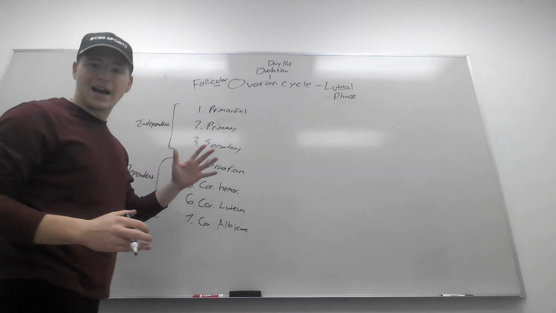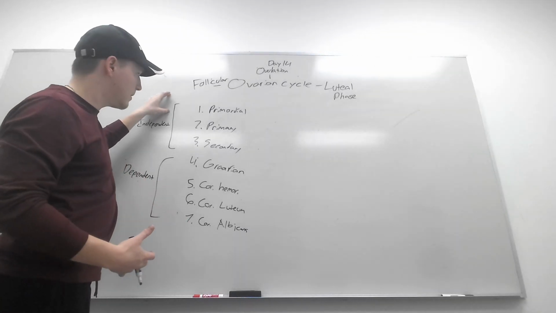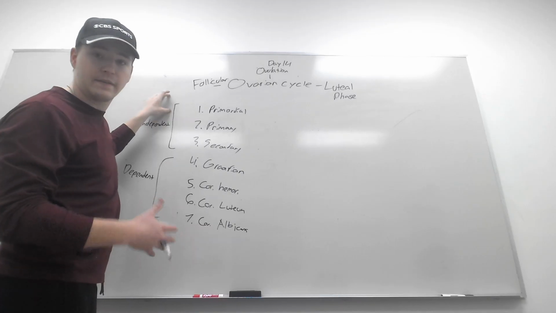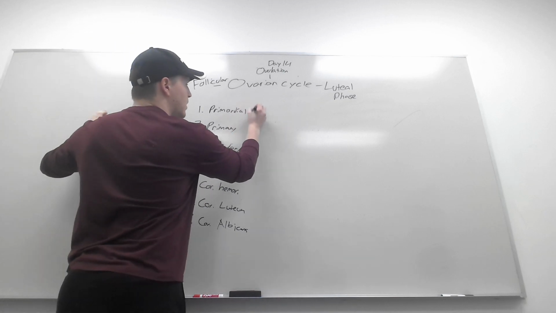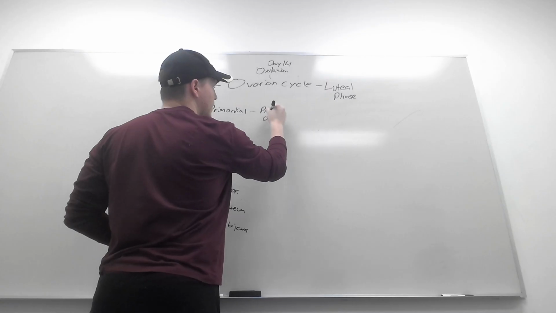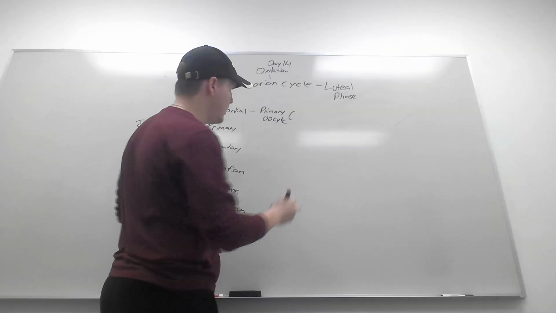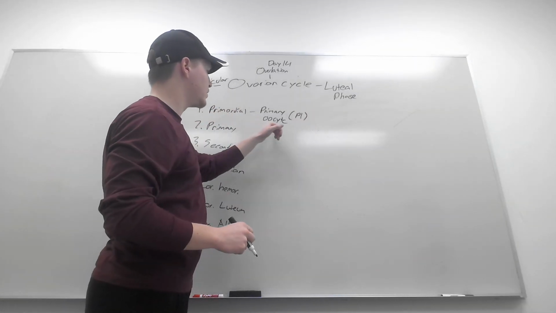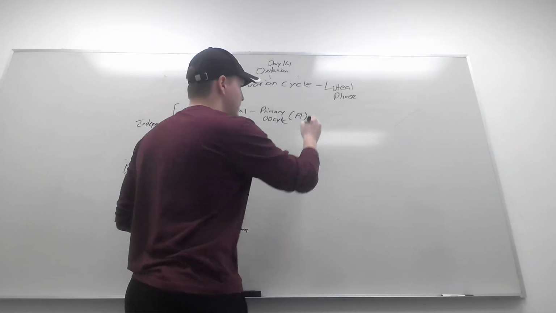But starting at the top, when a female is in the womb, when they're about to be born, they have all the primordial follicles that they need for the rest of their life. They're all already made. What primordial follicles are is just a primary oocyte, so that means it's arrested in prophase 1, and then a super thin layer of really flat granulosa cells.